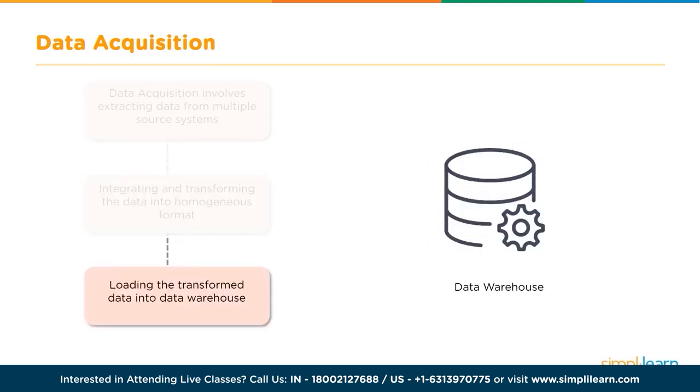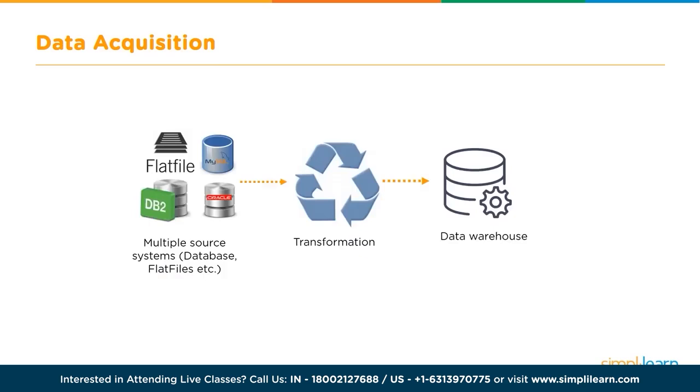Very often this is loaded into what is known as a data warehouse. This can also sometimes be referred to as ETL, or extract, transform, and load. A data warehouse is like a common place where data from different sources is brought together so that people can perform data science activities like reporting, data mining, or statistical analysis and so on.